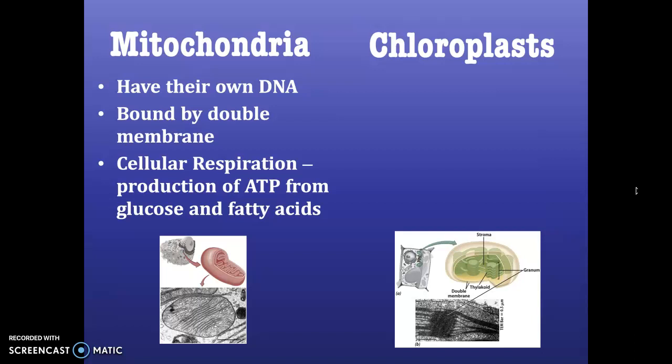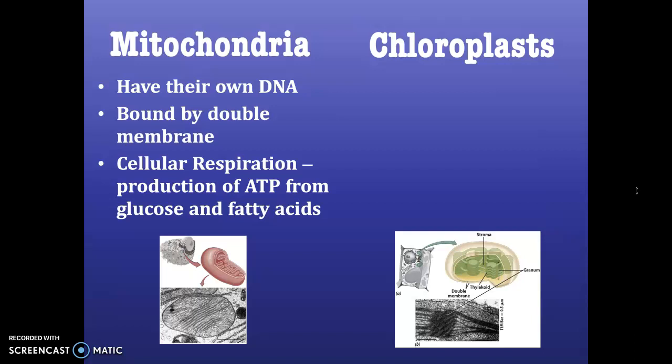They have a double membrane. We'll talk more about this in class a little later on. Something really unique about the mitochondria is that they have their own DNA. We have the DNA that's found in the nucleus, but mitochondria actually have their own DNA. It's called mitochondrial DNA.